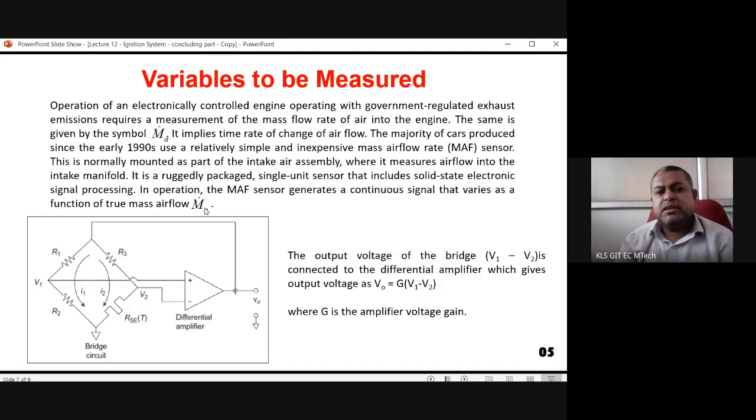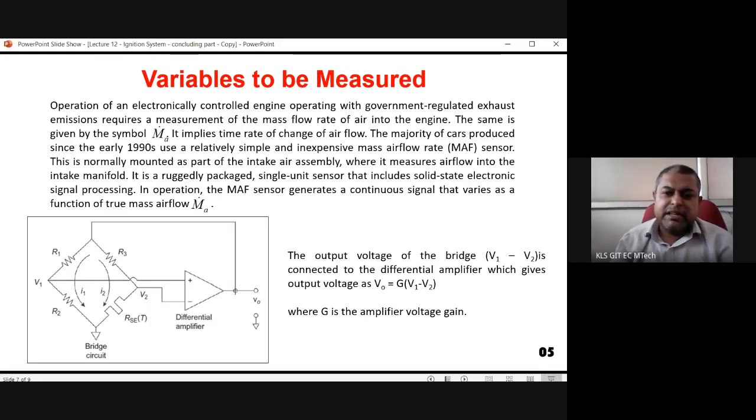Okay, operation of an electronically controlled engine with government-regulated exhaust emission. They have told us that this much should be the maximum value of pollutants in the exhaust. If you have more pollutants than that in the exhaust, in the PUC check, the car will be discarded. Then cleaning and other things happen, and then the car is back on the road.